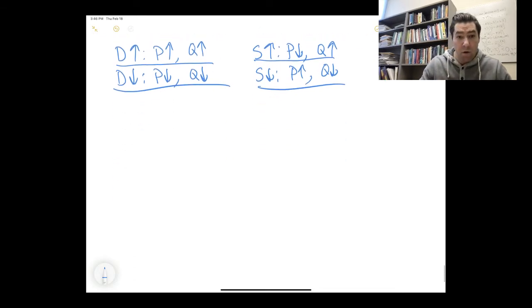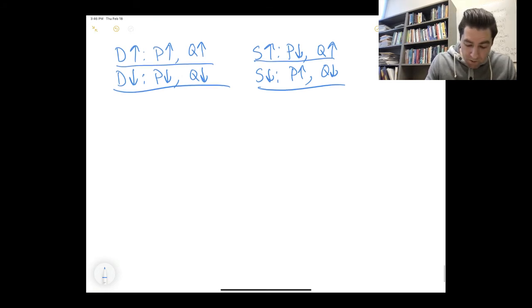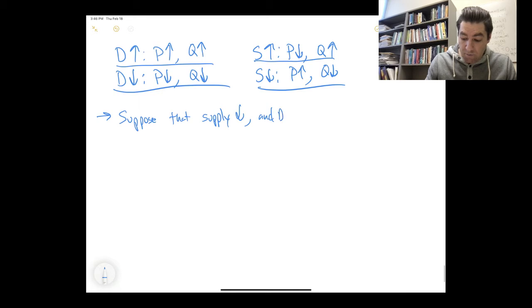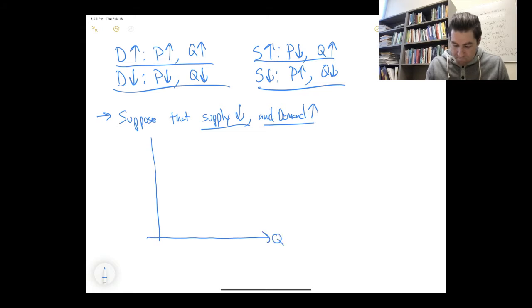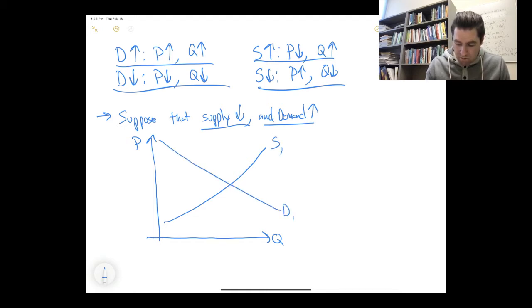Now let's suppose I give you a more complicated example. So I say suppose that supply decreases and demand increases. So I've got two shifts in the curve. Let's draw the graph and see what happens. So we start in equilibrium.